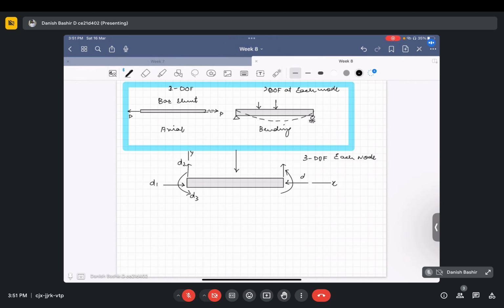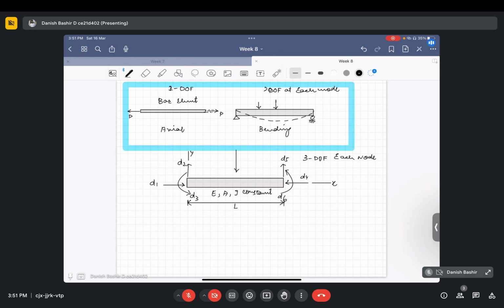Then d4 is this, d5 is this degree of freedom, and this is the d6 degree of freedom, and L is the total length of the element. Let's assume E, A, and I are constant.